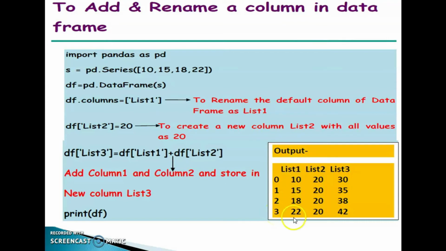List 1 already has the values 10, 15, 18, 22. List 2, we assigned the value 20, all the values are 20. Then list 3 is list 1 plus list 2. We will get the output like this. Clear? To add and rename a column in a data frame.